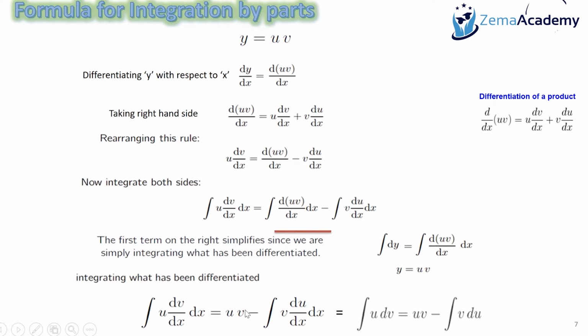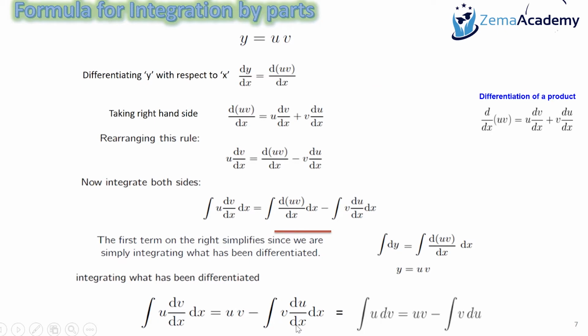Okay, so I have replaced this first term by uv because it is representing integral dy, and if you integrate dy, you will get y as the answer, and y is actually uv. So I have replaced this over here.